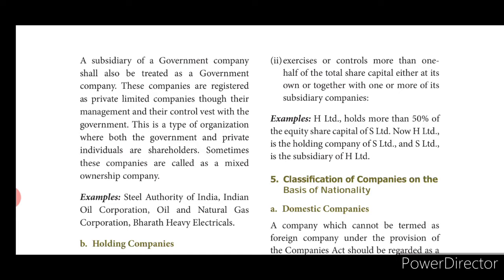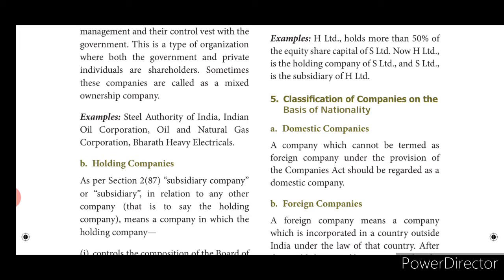That is what happens in a government company. See, Steel Authority of India, Indian Oil Corporation, Oil and Natural Gas Corporation, Bharat Heavy Electricals: we call these government companies, but both government and private shareholders are there. That is why it is called a mixed ownership company.